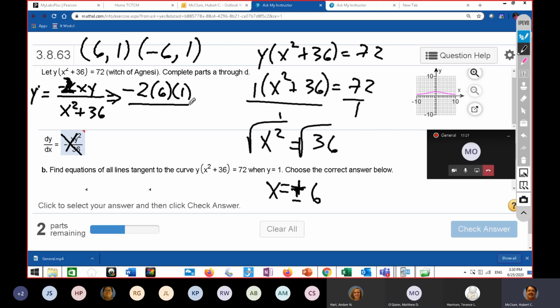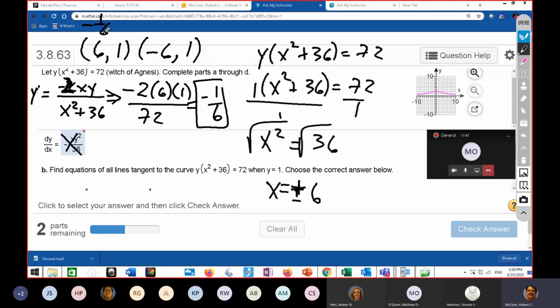Yes, it gives you 72, and then 2 times 6 is 12. 12 over 72 is negative 1/6, isn't it? Yes. So when you plug in this, you get negative 1/6.